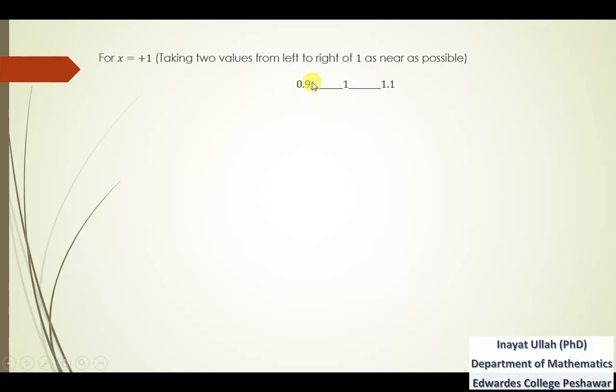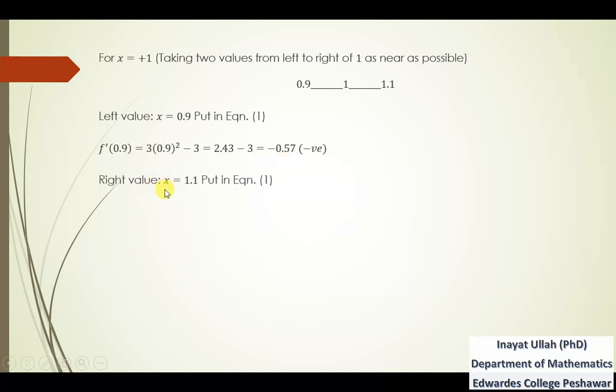So we will be taking this 0.9 first. The left value is x equal to 0.9, and we put this in the derivative of the function. Whenever we replace x by 0.9 in the derivative of the function, we get a negative answer. And whenever we put the right side value, x equal to 1.1, in the derivative of the function, we obtain a positive answer.